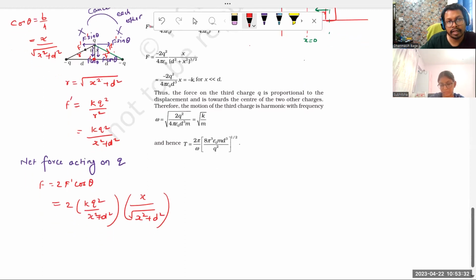That is the thing. And now they have used a negative sign here because this force is always towards the mean position.